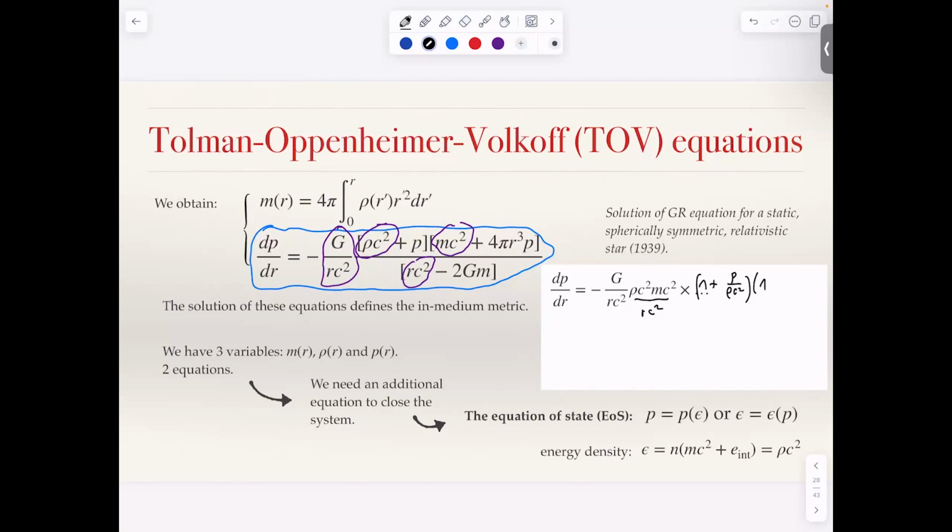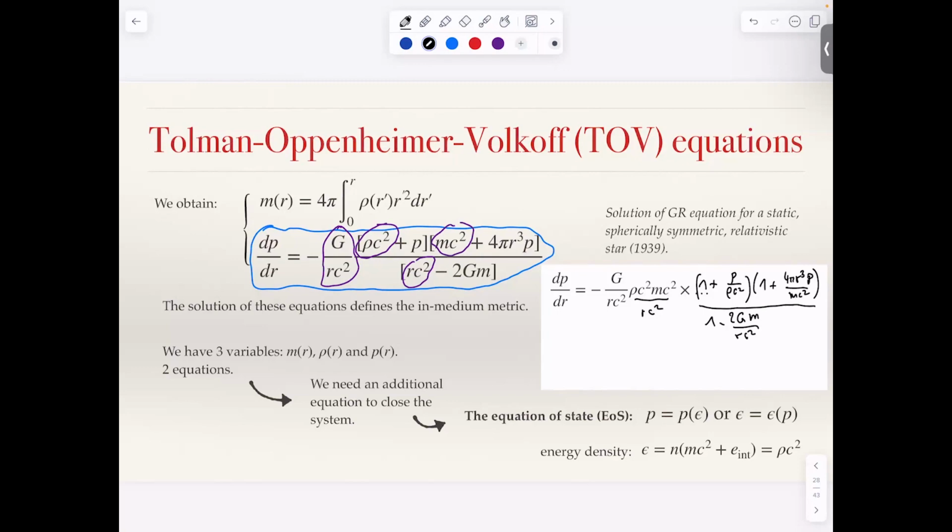Then I have 1 plus 4 pi r cubed P divided by mc squared. And I have 1 minus 2JM over rc squared.